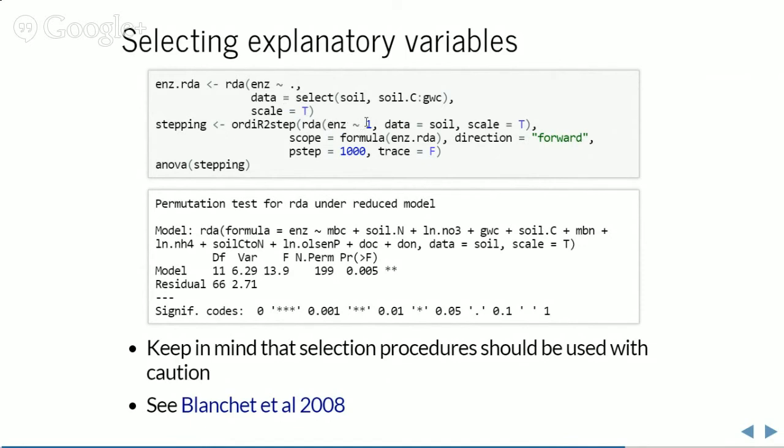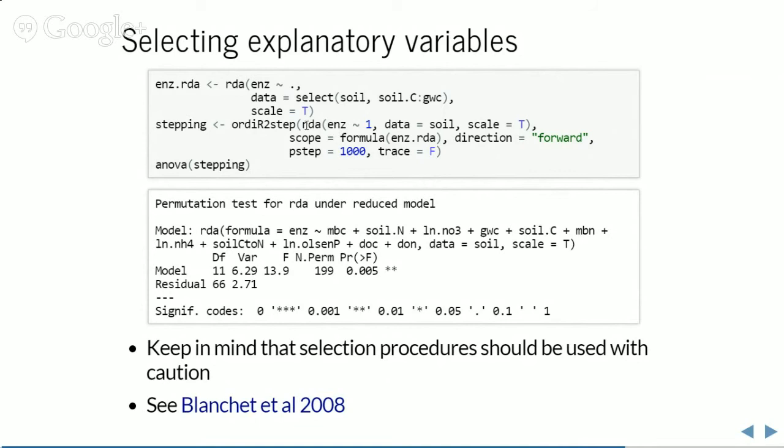Let me point out one thing here. RDA was the same function we used for PCA. The only difference was we weren't giving it a model statement, right? So it's just building up with additional data frames.